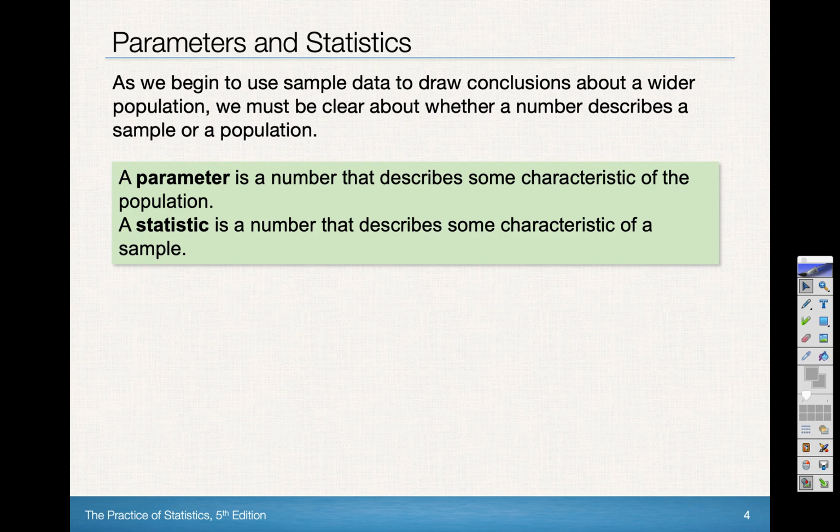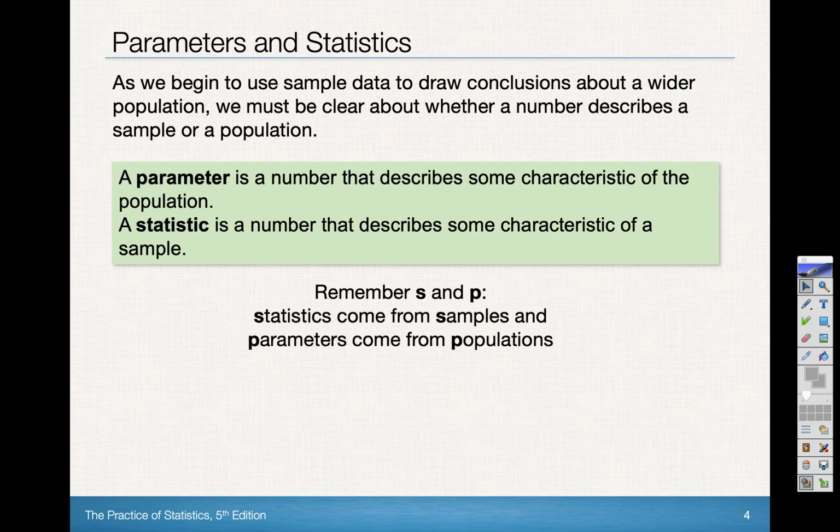So if I took a sample of 50 American women and found that their average height was 5'5", then that means the statistic would be 5'5". Doesn't mean that the statistic and the parameter are exactly the same. It's just that the statistic represents the sample while the parameter represents the population. You can remember this with S and P. Statistics come from samples, parameters come from populations.